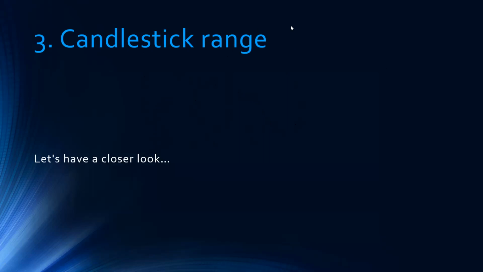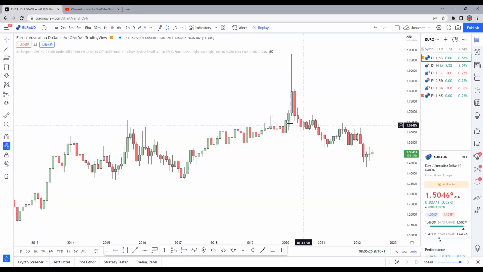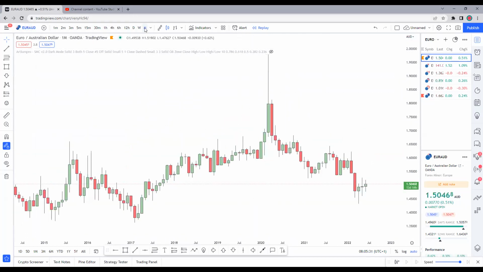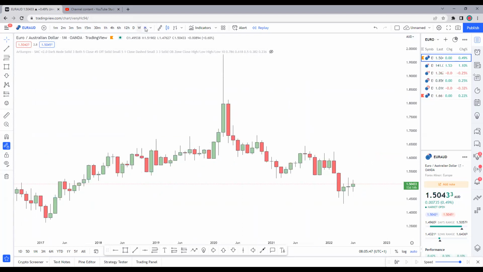And what we have here is the Euro Aussie dollar, and we want to be looking at the monthly. We want to start at the highest time frame, so this is your monthly chart. You've got all your time frame tabs up here in the top left. So we want to start with the monthly chart on the higher time frame.